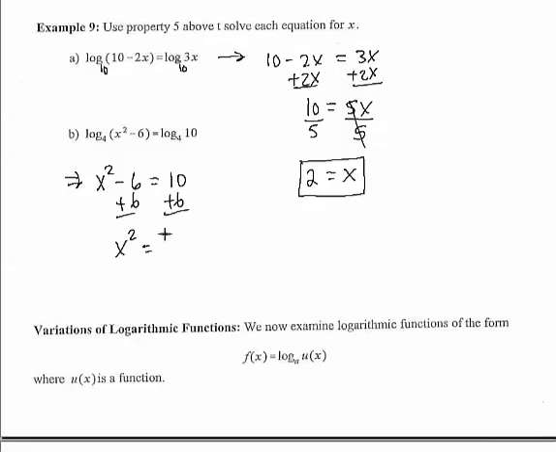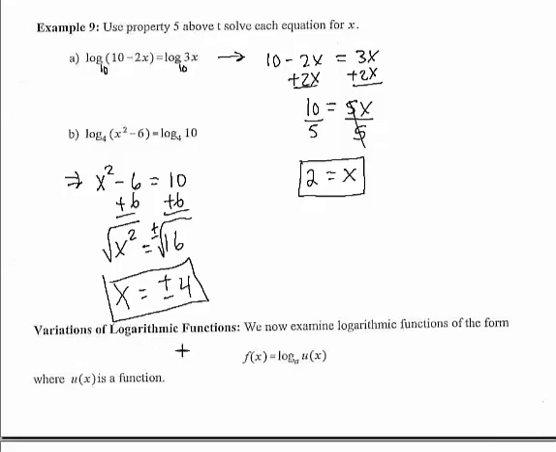X squared equals 16. Take the square root and then pick up the plus or minus in front of the square root, opposite of the x. And so we get x equals plus or minus the square root of 16, which is 4. And that completes that equation. Okay, we are done. We solved it.